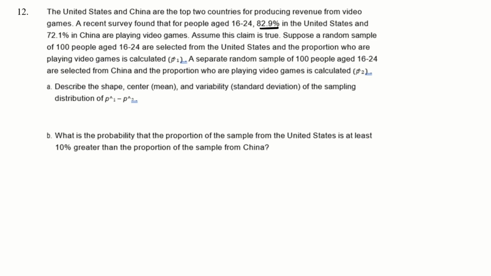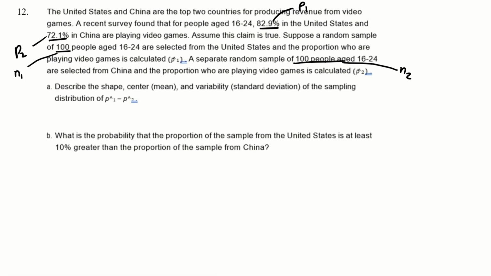That's going to be p1, that's going to be p2. 100 people from the United States is n1, and 100 people from China is n2. Describe the shape, center, and variability.